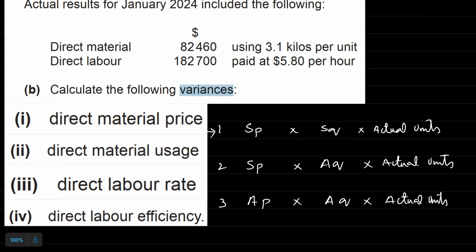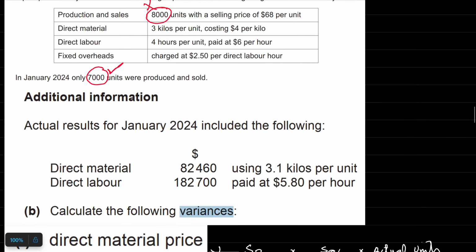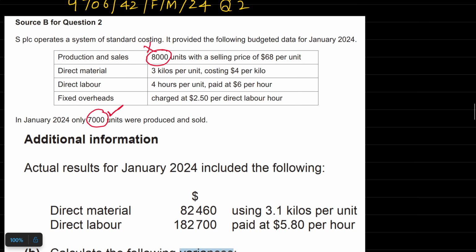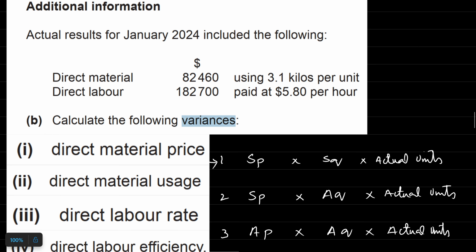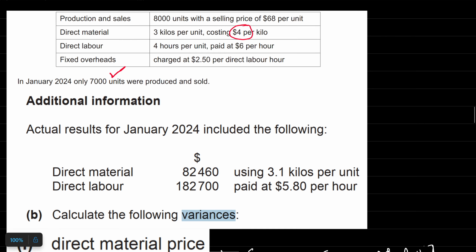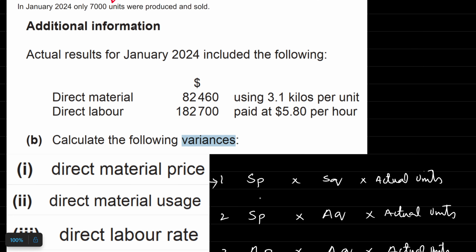Now we will put the values. Students, standard price for material is $4. So right here 4, it is also standard right here 4.